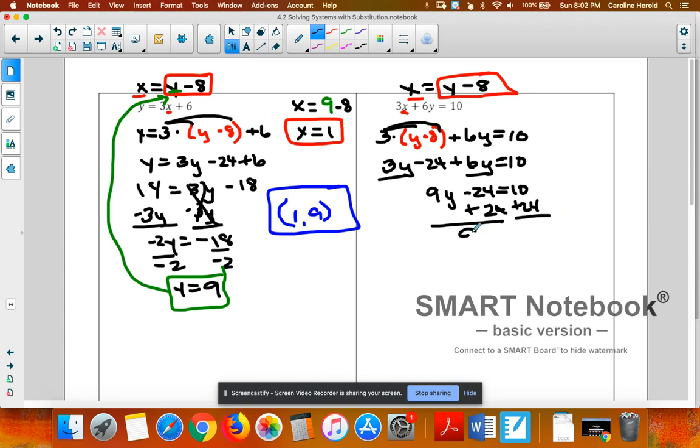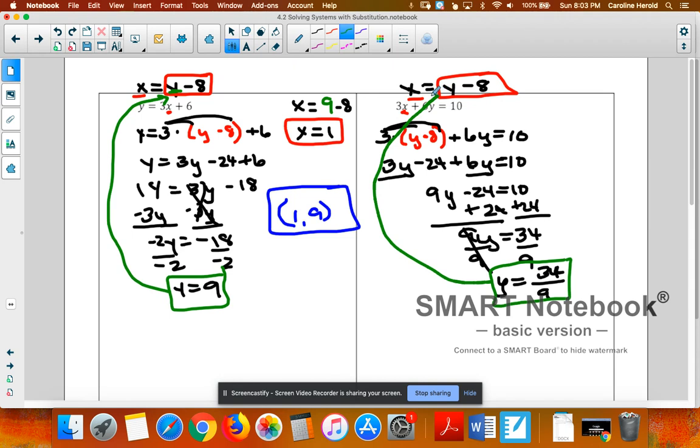And I get 9y equals 34. Well, this one's not going to come out a really nice number. And if you remember, way back at the beginning of the year I said, don't bother making this into a mixed number because you're probably not going to want it to be one. Here's that perfect example of why. No pun intended, why. So y is equal to 34 ninths.